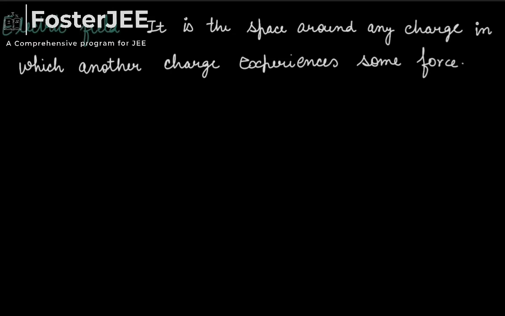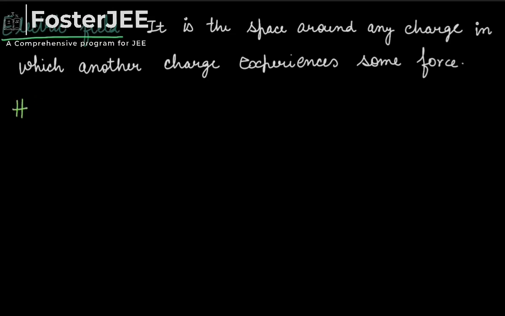So the main theme of this electric field, why we have defined electric field, is that two charges don't directly interact with each other. They both will produce some electric field, and both electric fields will interact with each other. So the result of which is that both charges will experience some force.